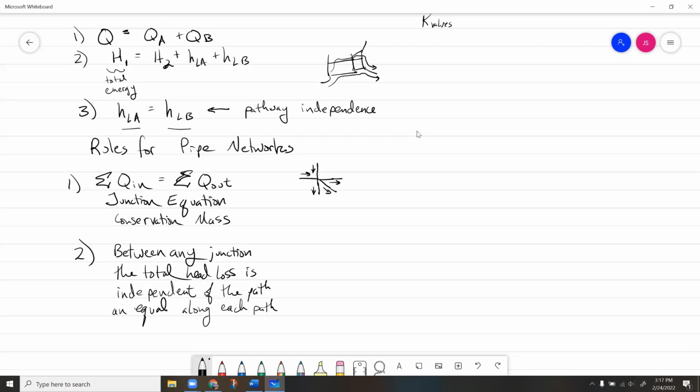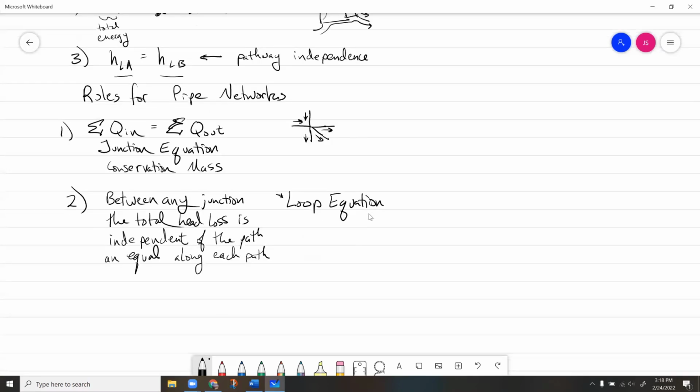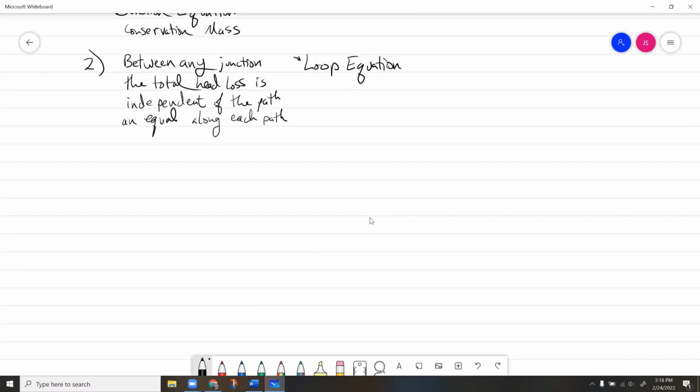And this is known as the loop equation. And it's using the energy equation, right? It's saying that the head loss, essentially using Darcy-Weisbach, across one path is equal to the Darcy-Weisbach head loss and minor losses, et cetera, across another path. And we'll see an example of a loop a little bit later.